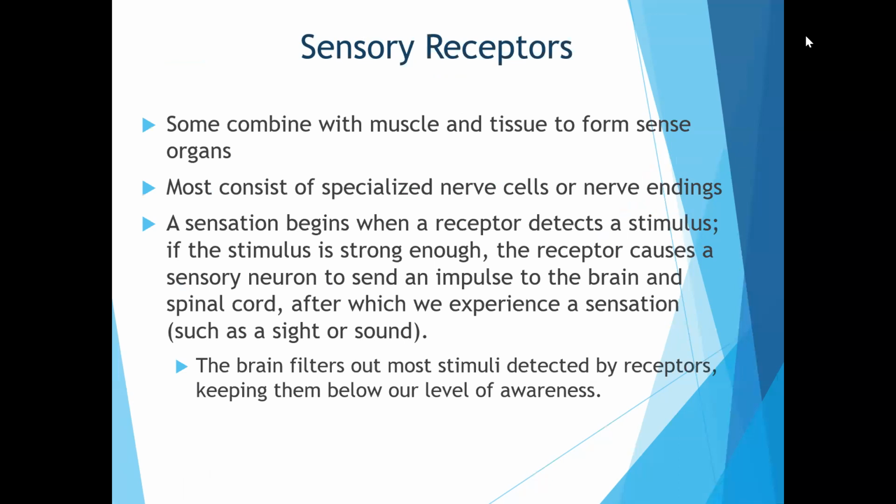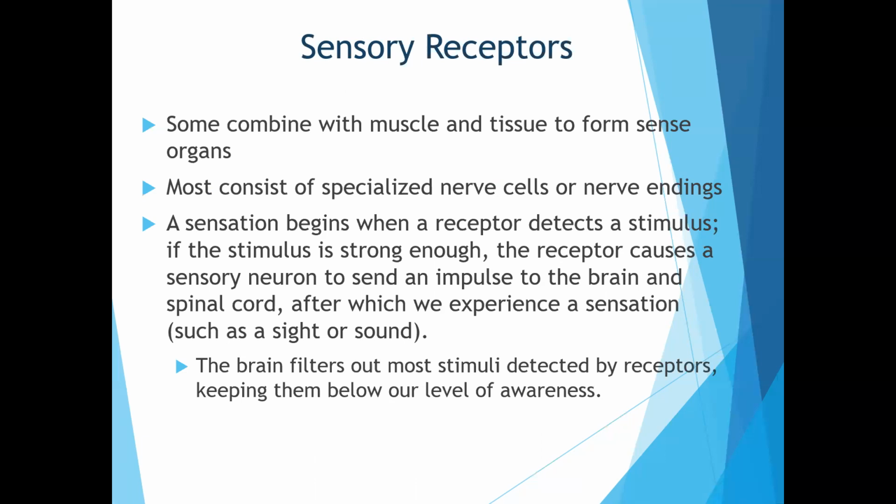Our sensory receptors, like I said, you can find in our muscle and tissue as well as our organs. As a group, they can form a sense organ. They're specialized nerve cells or nerve endings, specifically made to sense whether it's taste, vision, whatever. They're very specialized cells.